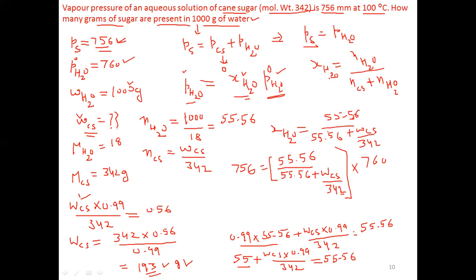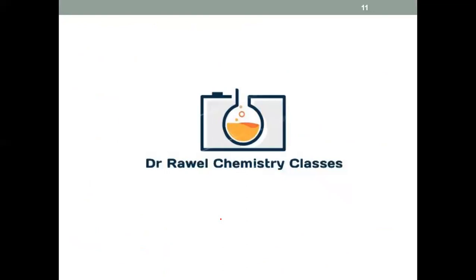By applying the formula that the vapor pressure of water is equal to the mole fraction of water multiplied by the vapor pressure of water in its pure state, we can easily calculate the weight of cane sugar, which came out to be 193 grams. So that was all for today. These were some numericals based on Raoult's law.